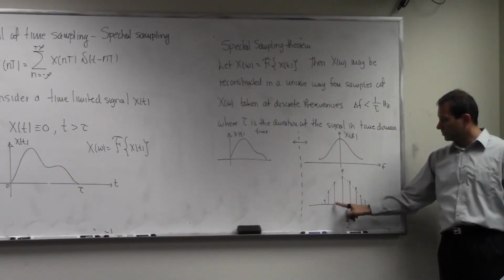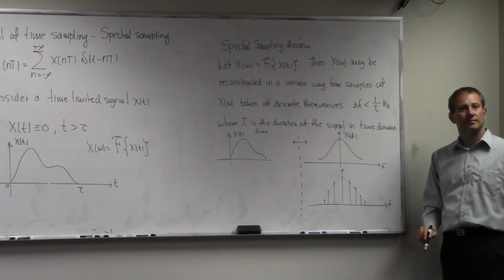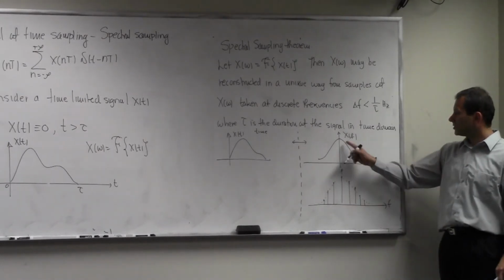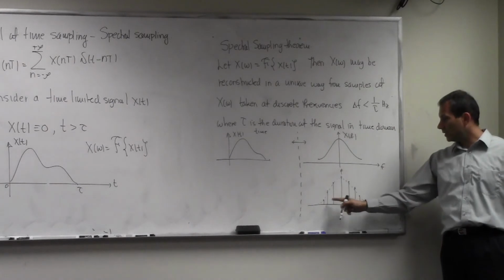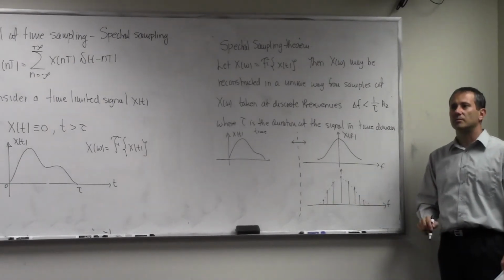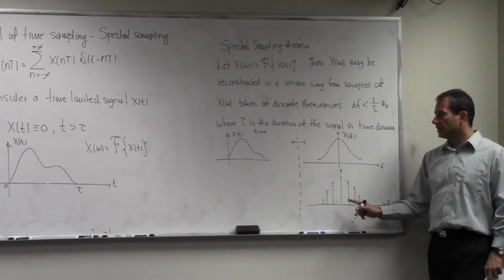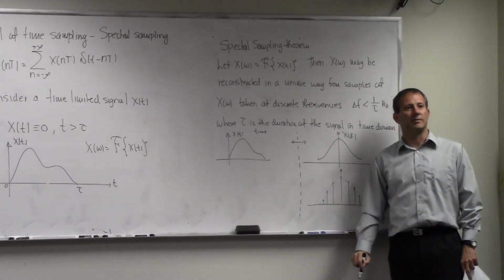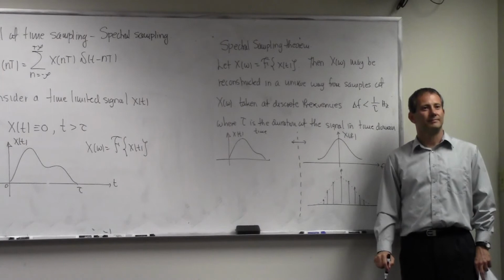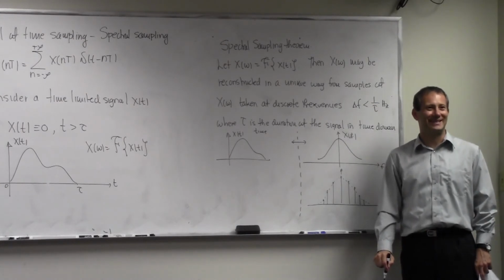You just have the values at the discrete points. And it says I can reconstruct my signal by knowing only these discrete points. If I'm sampling in the frequency domain, guess what is happening in the time domain? Periodic extension in the time domain, right?